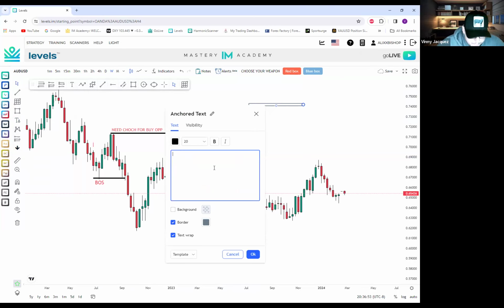So we're gonna go ahead and look at the trend. BOS. I'm gonna go breakout rally. Let's go with change of direction or change of character, whichever ones you want to go for.